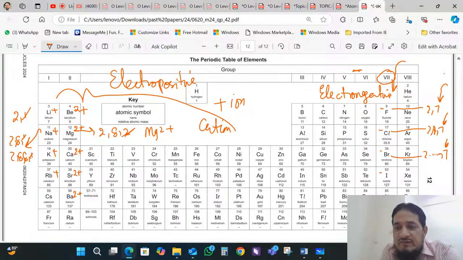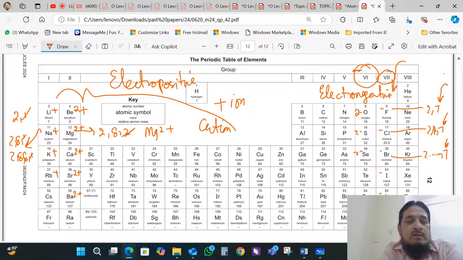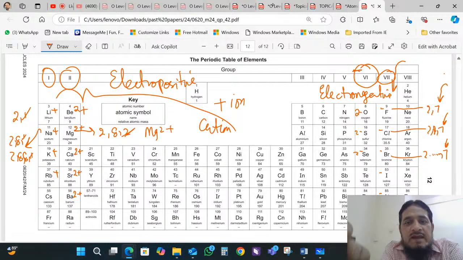All of them will have a minus 1 charge. Same case, if group 6 elements are there, they are going to take 2 electrons, so they will have a 2 minus charge. Mostly in our syllabus, group 1, group 2, group 6 and group 7 are going to combine with each other when we discuss ions. Now I am moving back to your question.